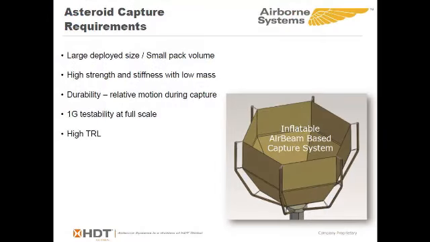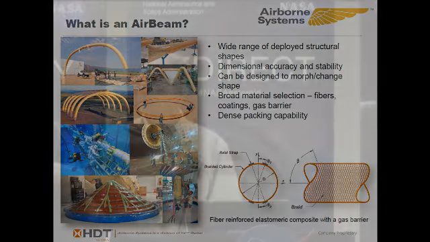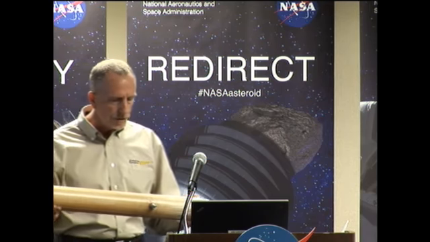And so I'm going to talk a little bit about what is an AirBeam. So one thing I learned in kindergarten is to bring show and tell. So this is an AirBeam. This is a braided structure. The fibers could be Kevlar, Vectran, Technora, Zylon, the aramid type fibers.